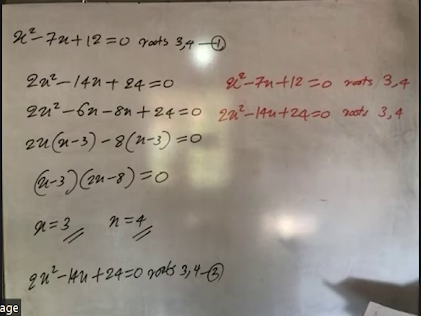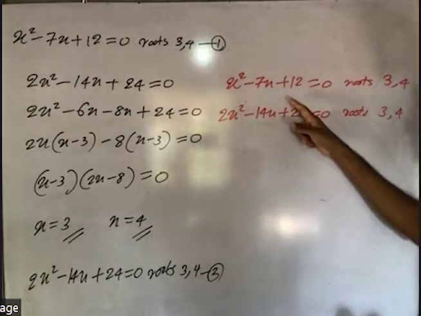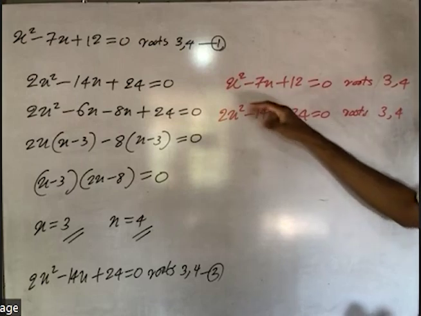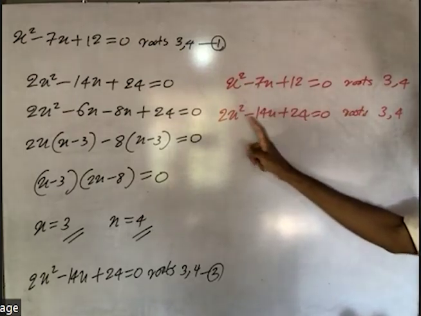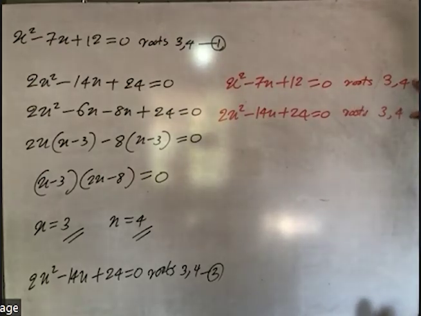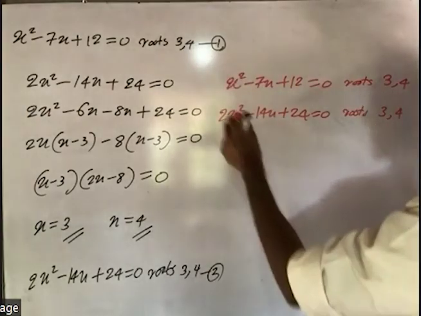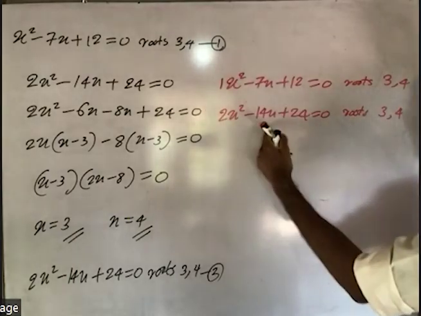Now I can compare these two equations. If you look at these two equations, they are in the standard format. First we have the x square term, then x term, then the constant term. And the roots of these two equations are equal. Now if you compare the coefficients, here the coefficients are 1, minus 7, 12, and 2, minus 14, 24.